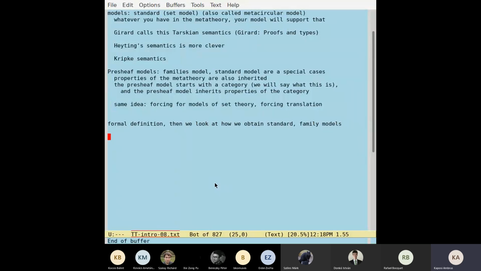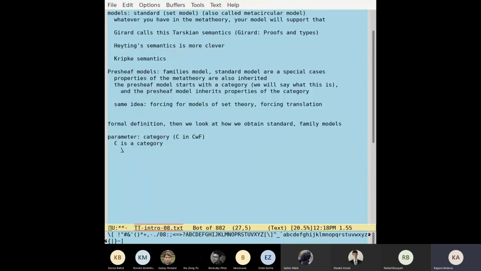First, the presheaf model has a parameter, and the parameter is a category. This is the same as the category in category with families, the C in CWFs. We will denote it by C. Let's come up with a notation for it.